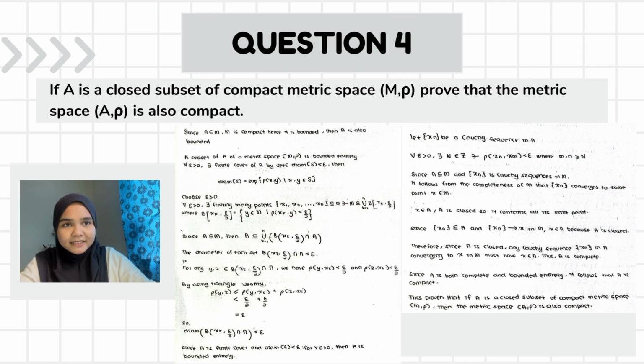So since A has a finite cover with diameter less than epsilon for every epsilon greater than 0, then A is totally bounded.